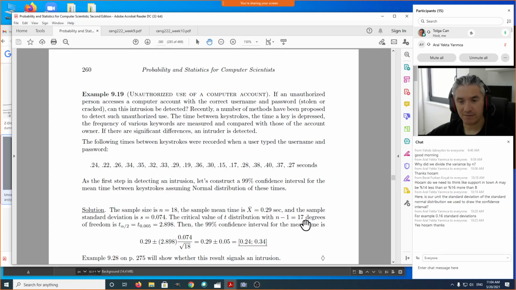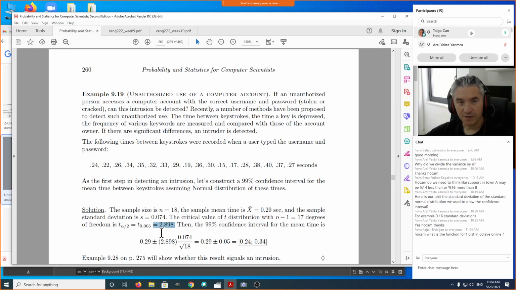If you take a look at the table, the value for 0.005 gives you 2.898. This value is larger than z 0.005. From the standard normal table, z 0.005 would be maybe 2.5 or even less than that.